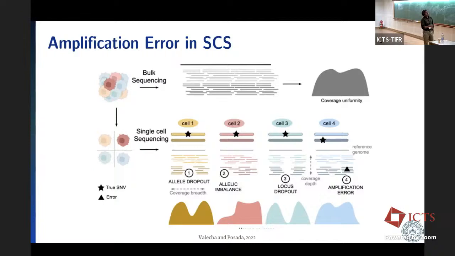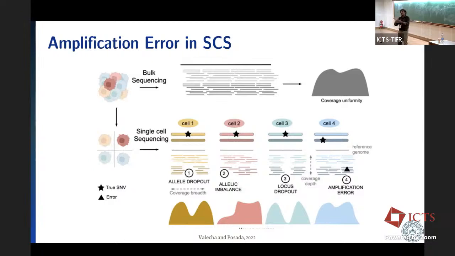Second thing is, again, allelic imbalance. Again, it's kind of similar to allelic dropout. In the first case, there was complete dropout of one allele, but in the next case, it's basically some amount of imbalance. So if the mutated allele is amplified, there is no problem. There is still some amount of problem, but it's basically stochastic.